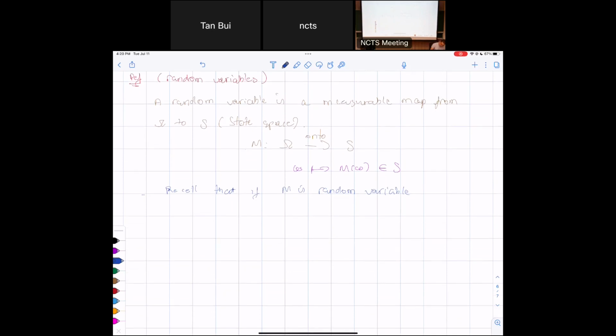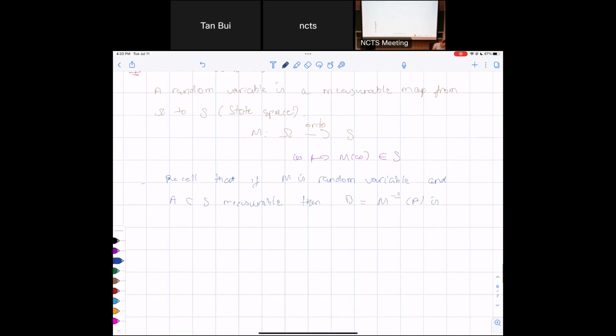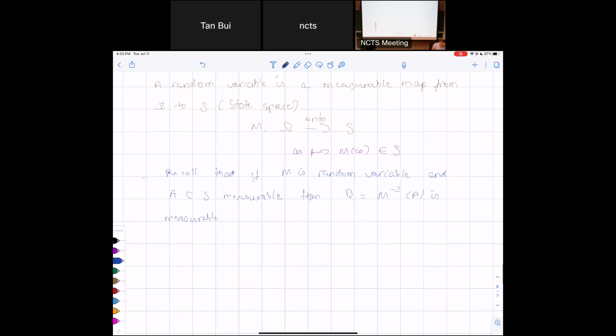If M is measurable and A belongs to S, measurable, then B, which is the inverse image of A, is measurable. Okay, so the question is that, right?